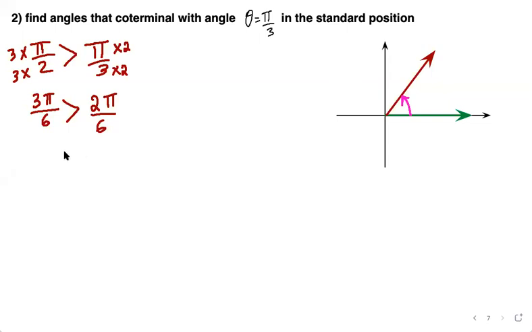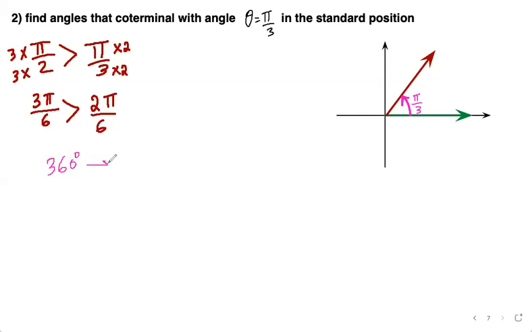Okay, now how can I find the coterminal angle? By adding what? I have to add 360 degrees, but here it is radians. What is the conversion of 360 degrees to radians?